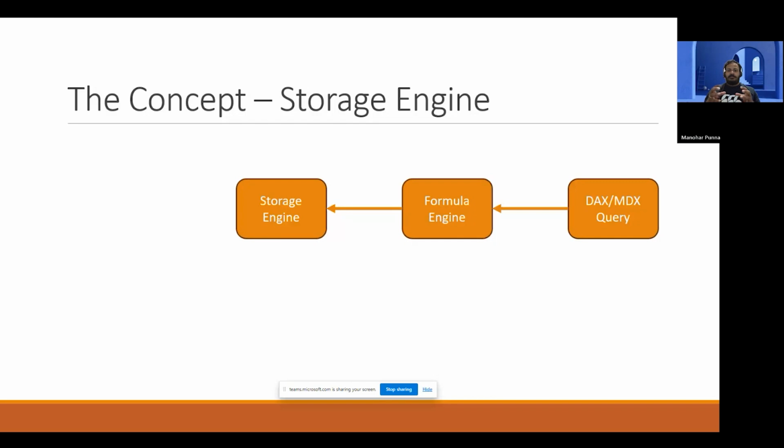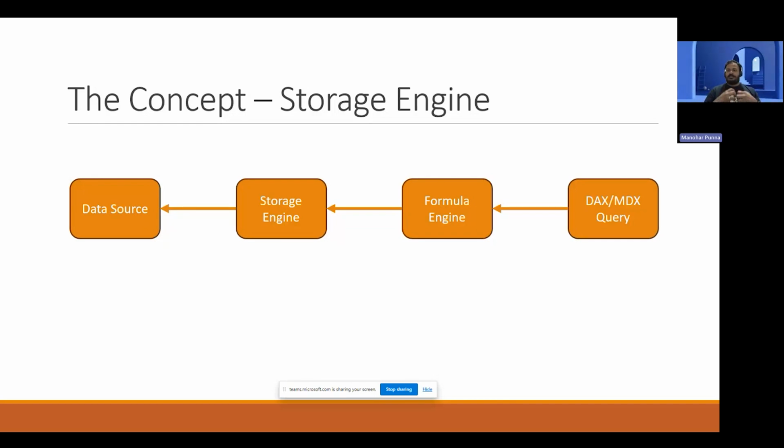And when it comes to import mode, let's keep it simple first. When it's import mode, the data is actually saved in the storage engine. But where does the storage engine get the data from? From your data source. When you're building your datasets in Power BI, you build your data model where you connect to a data source, fetch the data, load the data, and then do your data modeling and save the data.